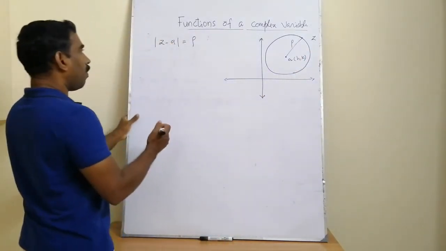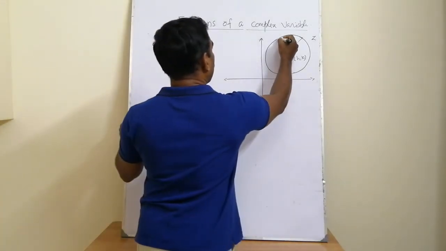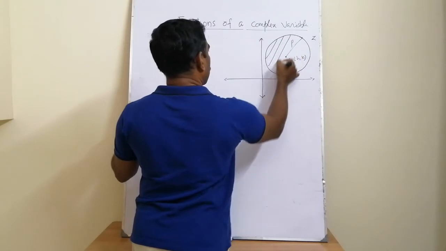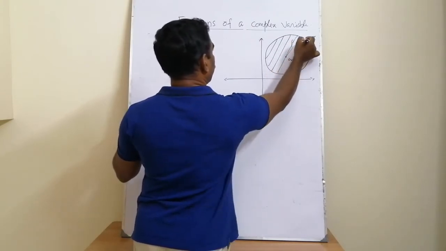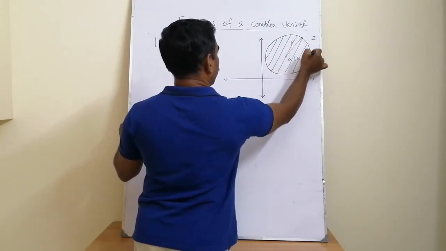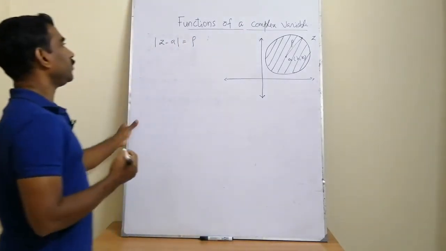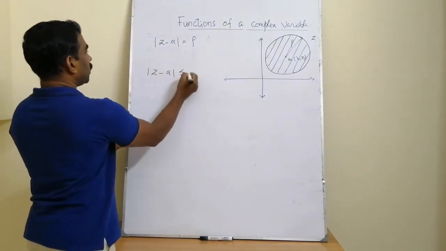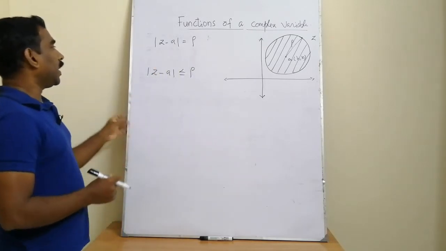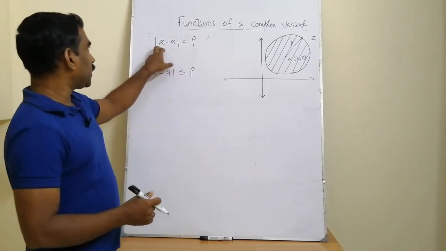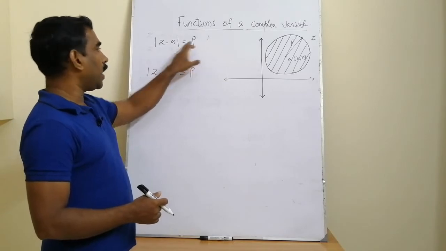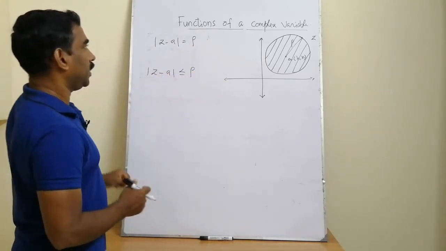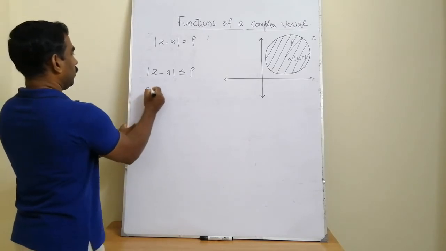And if you are considering all complex numbers which are lying interior to this circular boundary, that means if we consider the set of all complex numbers which are lying on the boundary circle mod z minus a equal to rho and interior to that boundary, then we will get a circular disk.